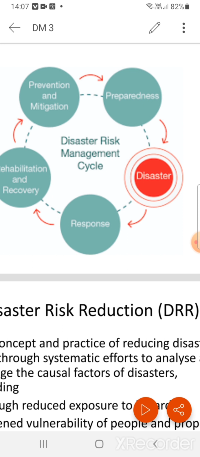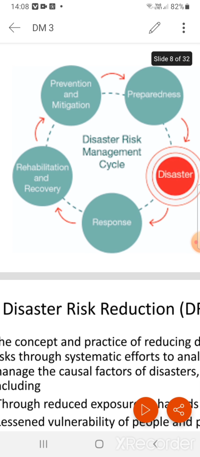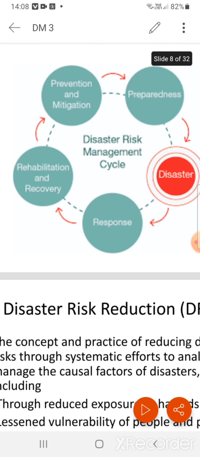So this cycle goes on, and again when there is a disaster we have a response. Now once you have prepared, the response will be better. Again, rehabilitation and recovery will be at a faster rate.